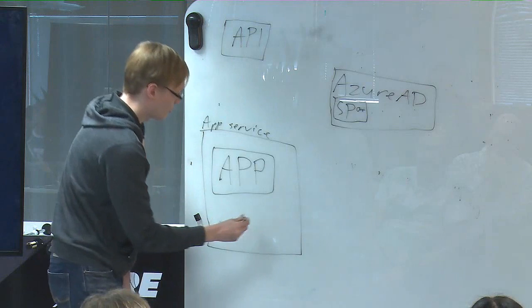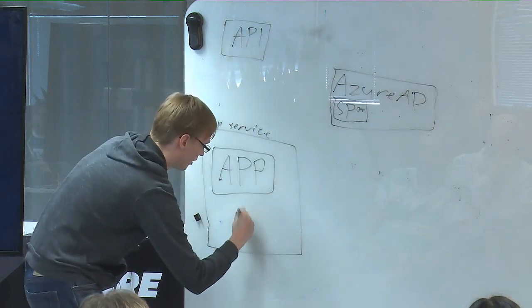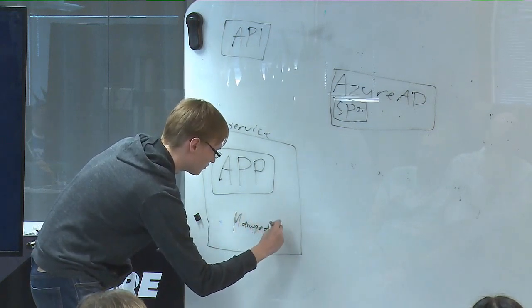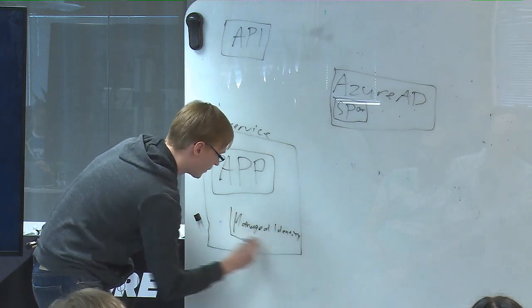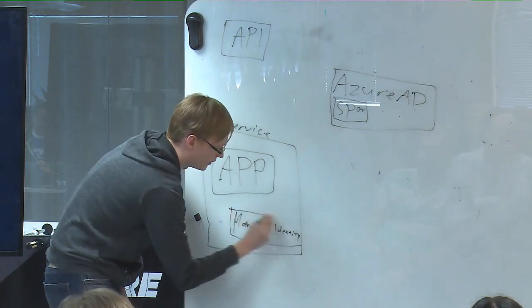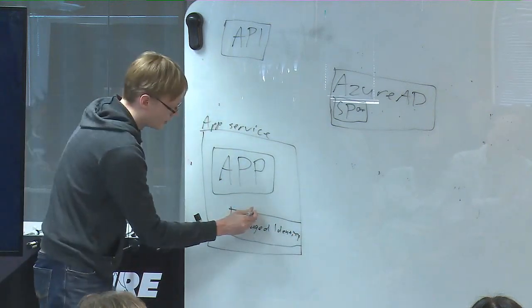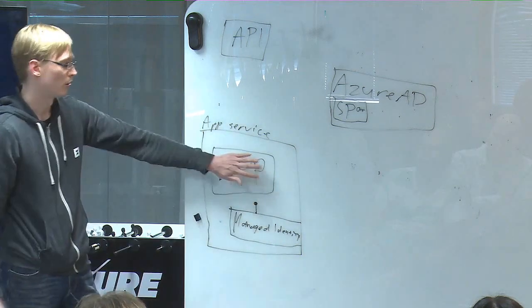And then what also happens is that there's going to be this managed identity endpoint within your app service instance. This endpoint here is not something that outsiders can call. It can only be called from here.